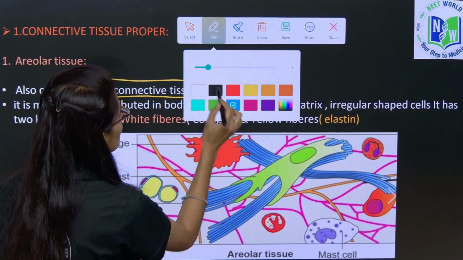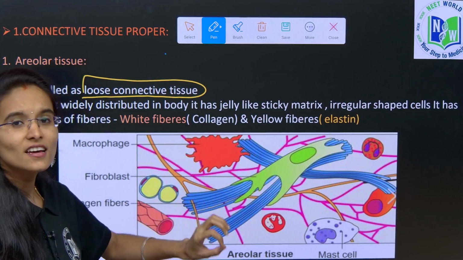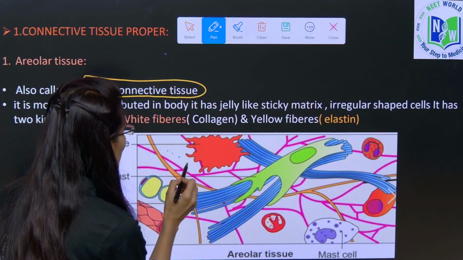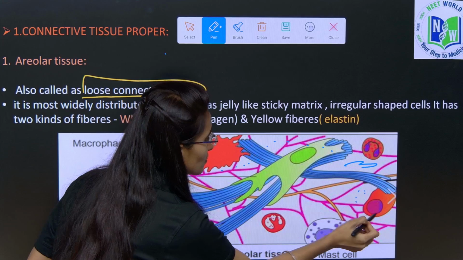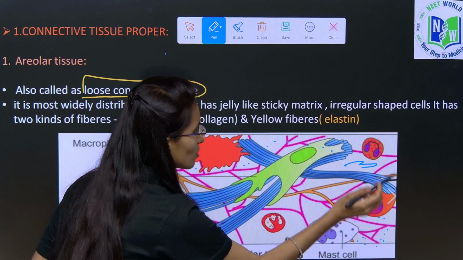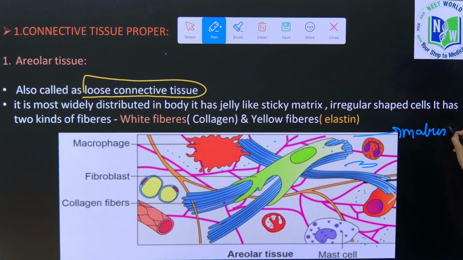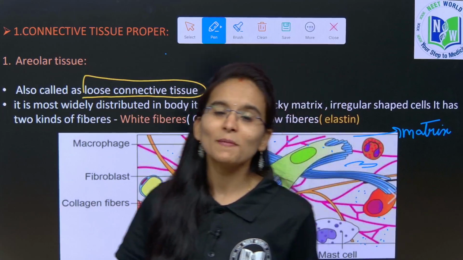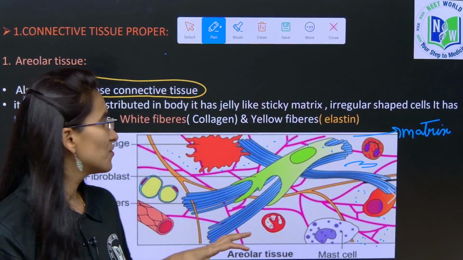If you see here, this areolar connective tissue contains a substance called matrix. This whole cream colored structure is called the matrix. Inside this matrix, many differently shaped cells are suspended freely.